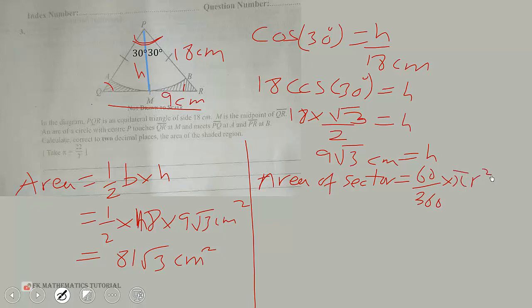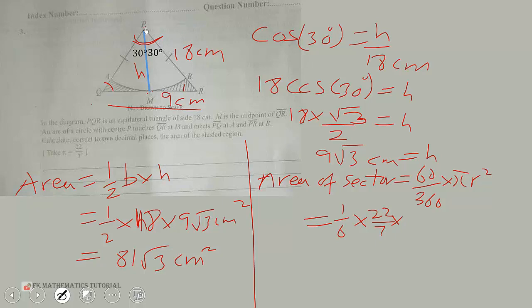The theta here is 60. So 60 over 360 will be 1 over 6 times 22 over 7 times r squared. The r is equal to the height of the triangle because it touches the circle here and it is coming from the center of the circle P. So it is equal to the radius of the circle.